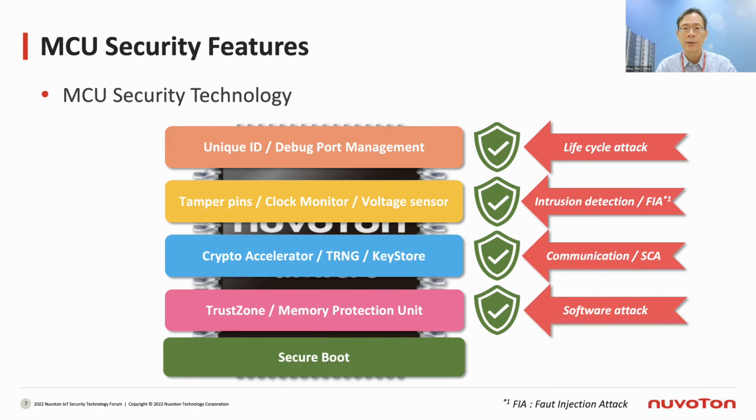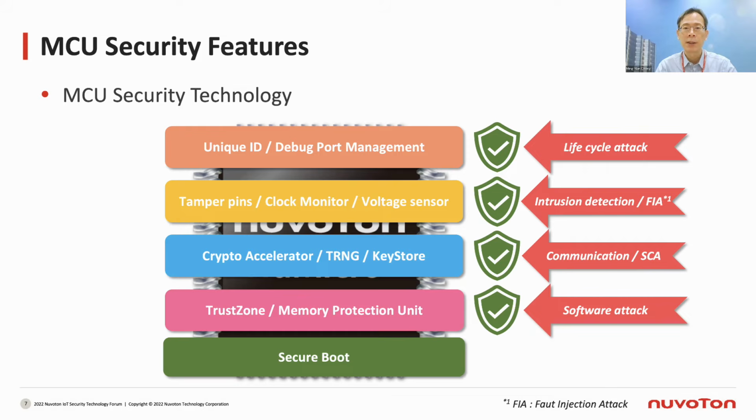These hardware features are not only capable of defending against side-channel attacks, but also can be used to enhance the security of software protocols that implement secure communication, device authentication, and other functions.